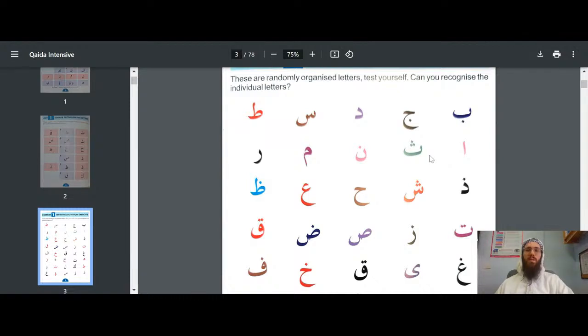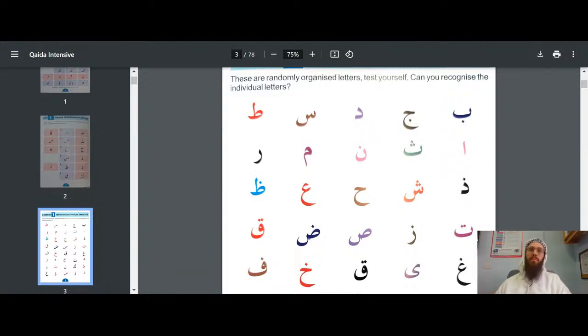Now, you test yourself. Not just that you memorize it in ABC order, like the song, Alif, Ba, Ta, Tha, Jim, Ha, Kha, and you can practice that song. But more than simply knowing them in order and knowing a song, you have to recognize each one, mentally associate it with the image, the symbol.